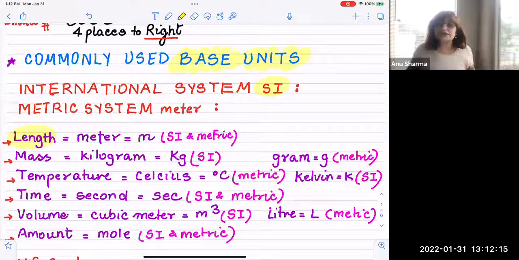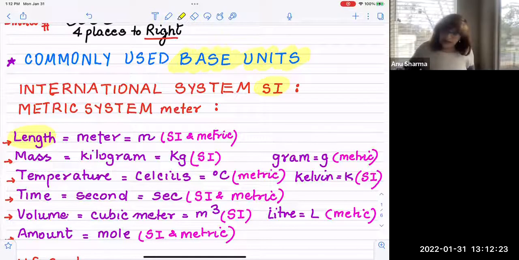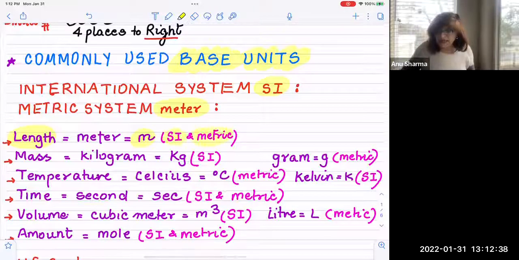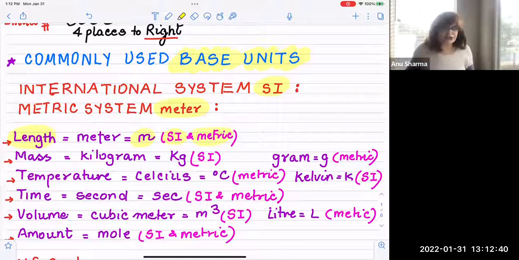Some countries don't, but this is to bring uniformity in the measurements. So SI unit is one, and then the metric is also another one, and SI and metric kind of interchange. For example, for length, the unit of meter is represented as m, and it is used in both the SI and the metric system.